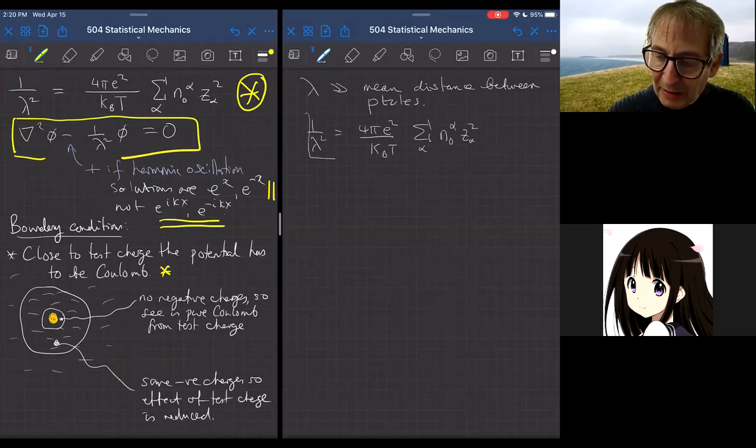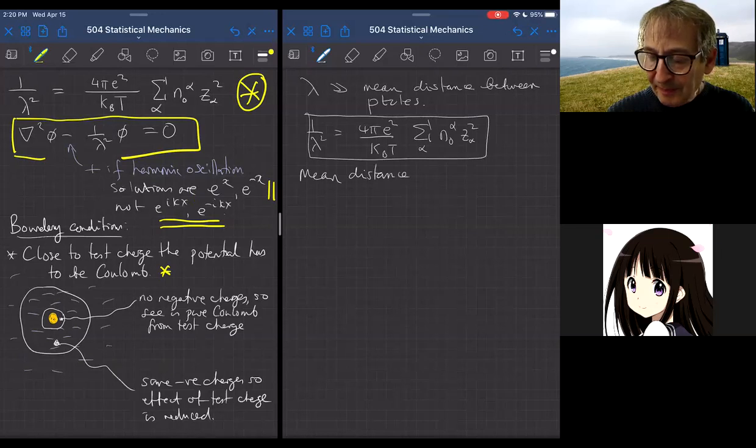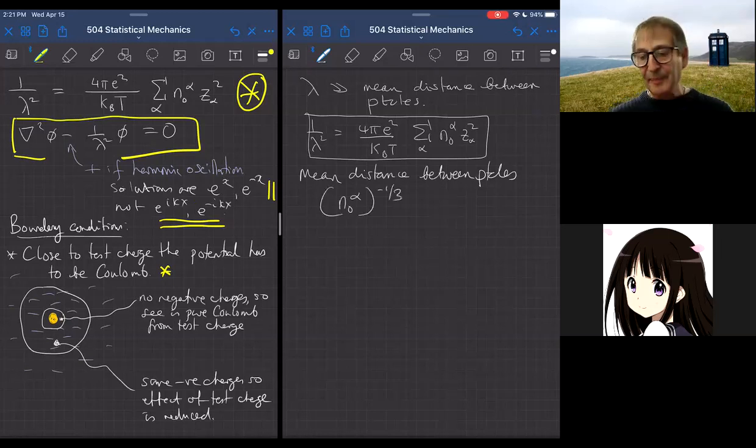So that's our formula for lambda squared. And the mean distance between particles is going to be n naught alpha to the minus 1/3. It's just the separation between these ions.